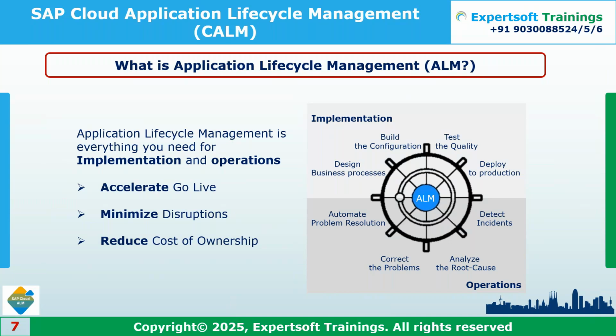So that is about the deployment part. For the detection of incidents, ITSM is still not integrated into Cloud ALM. Maybe in future we would also get some ITSM solutions. But SAP says that for the incidents part, we can integrate outside tools like ServiceNow, which can be a seamless integration to the cloud element.